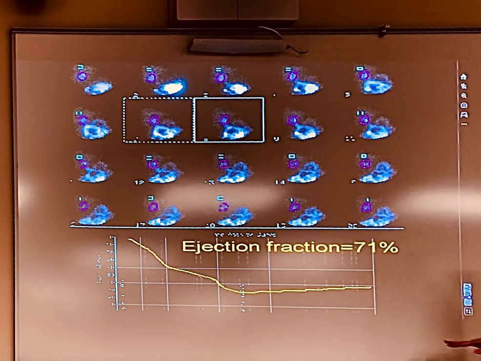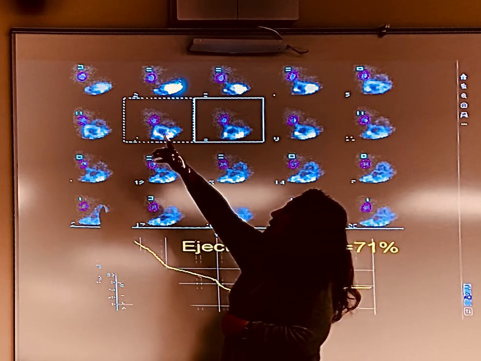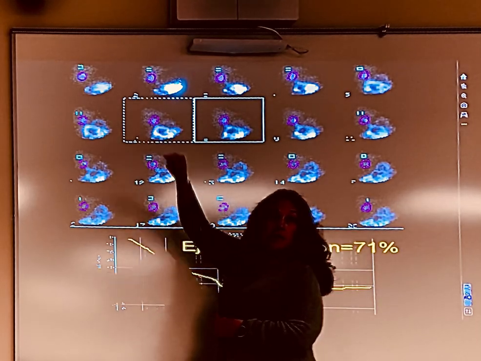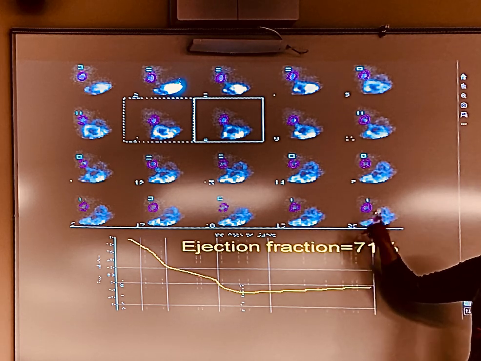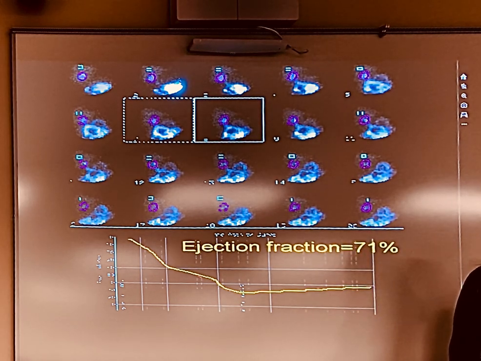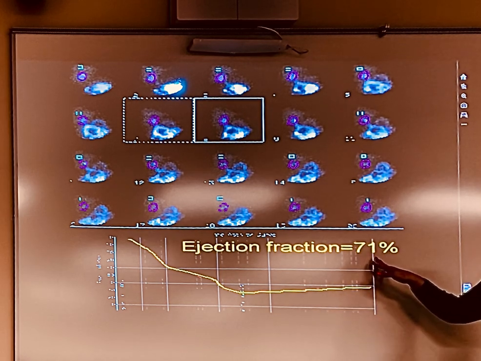It's also always important to look and make sure that the number you get makes sense. So you know that this is over 50%. All you have to do is look at how bright this picture is in number 1 and 2, and how there's almost nothing there at the end. So if you got an ejection fraction of 17, something's wrong.